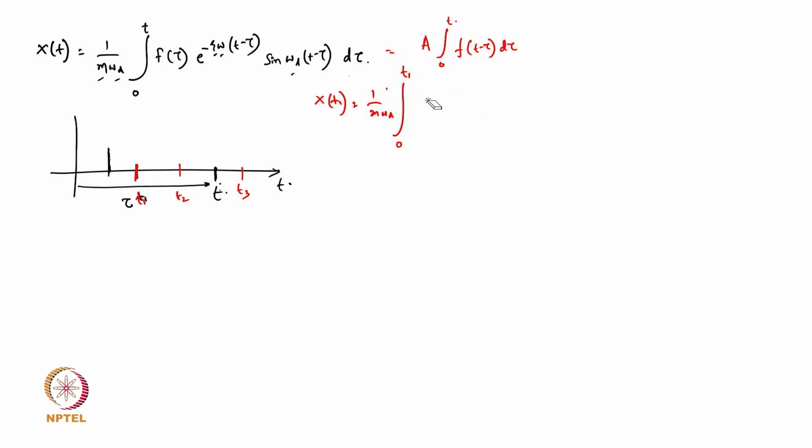So in that case I can easily write a into f of t1 minus tau d tau.